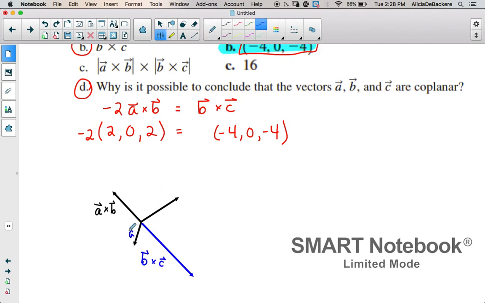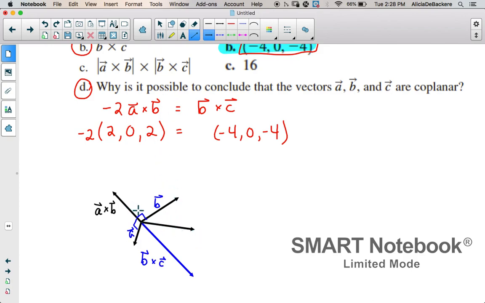But when I cross A and B, I'm finding this resultant vector is going to be perpendicular to A and B, right? So this guy sticks out perpendicularly. But then over here, when I cross B and C, this resultant would have to be perpendicular to B and C. So let's say vector C is some third vector, and you have to remember that these are shooting out into 3 space. So this is not a flat picture, this is a 3-dimensional picture.